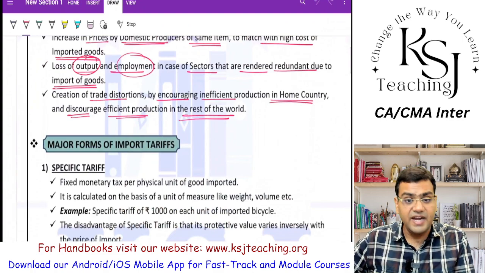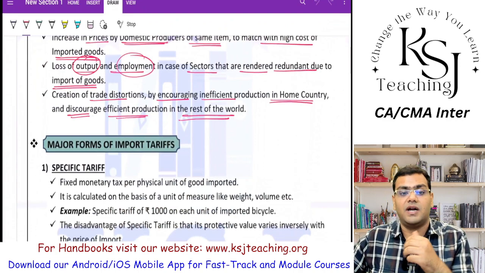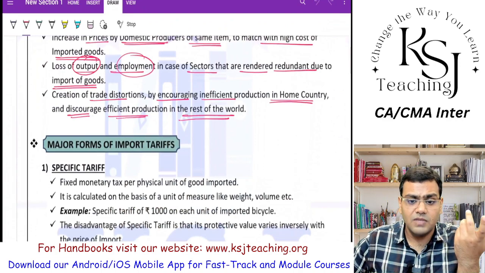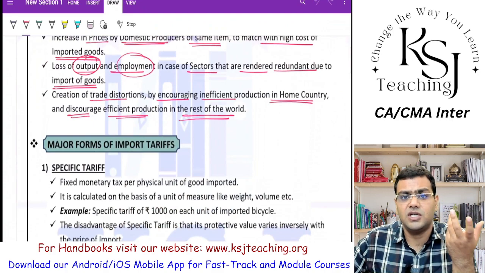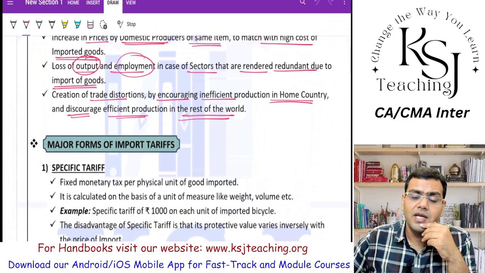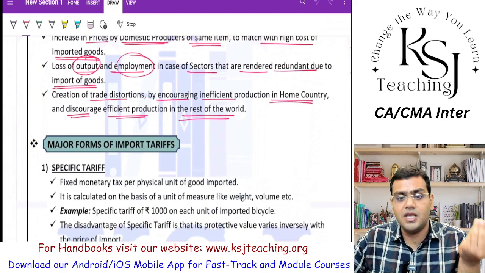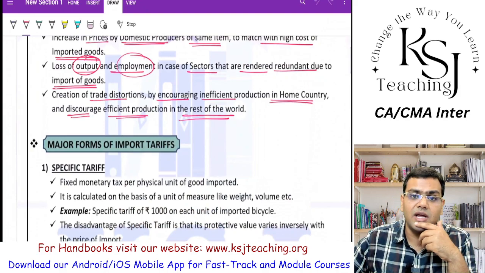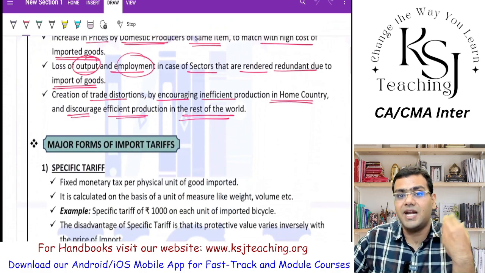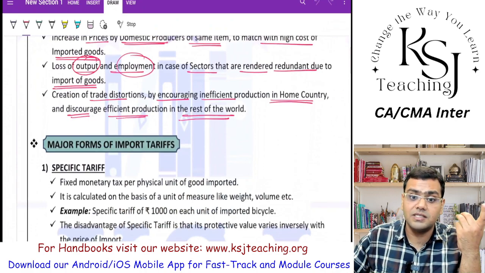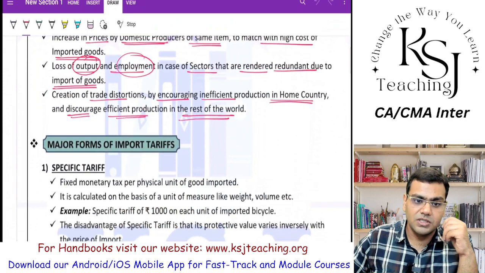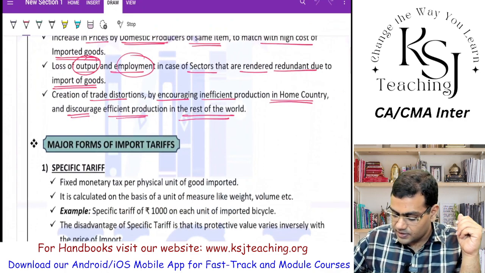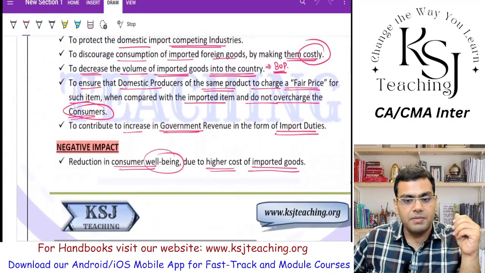If there are high tariffs on the import, then the home country can take advantage of that and more inefficient products can be manufactured. The products which cannot be imported because of the high customs tariff, the domestic industry will try to produce, and those goods might not be as efficient in comparison to the same goods in other countries, right? So these are the negative impacts of the tariff.